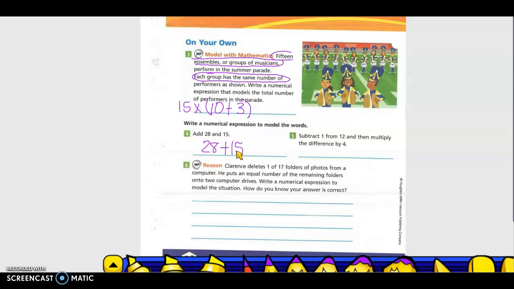And what are we going to put that in? Parentheses. So that identifies it is what we need to do first. So what do we need to do first? 12 minus 1. So we're going to put that in parentheses. Okay. And then multiply by 4, right?